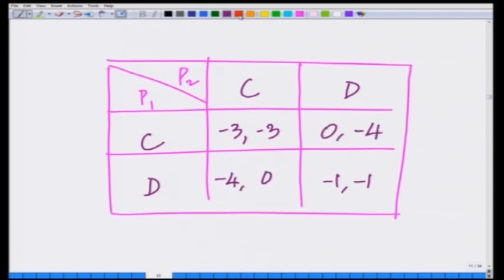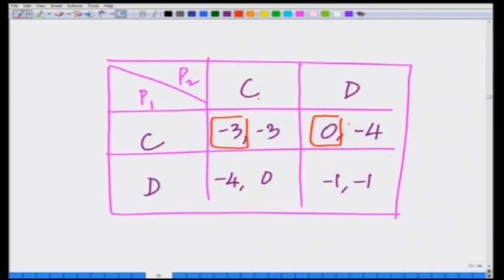And you can see once again that if P2 chooses to confess, the best response of P1 is to confess. If P2 chooses to deny, the best response of P1 is to confess. So, irrespective of P2 either confessing or denying, the best response of P1 is to always confess. So, C is a dominant strategy for P1.